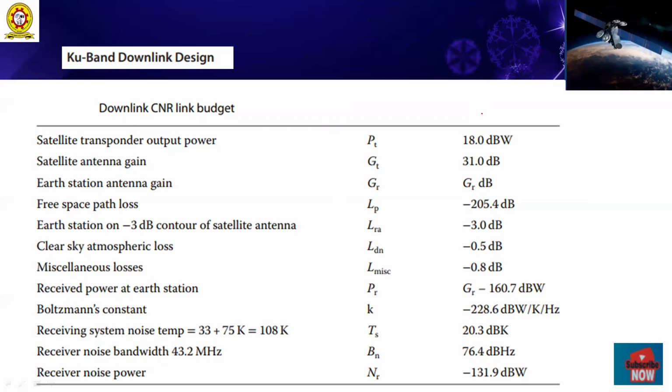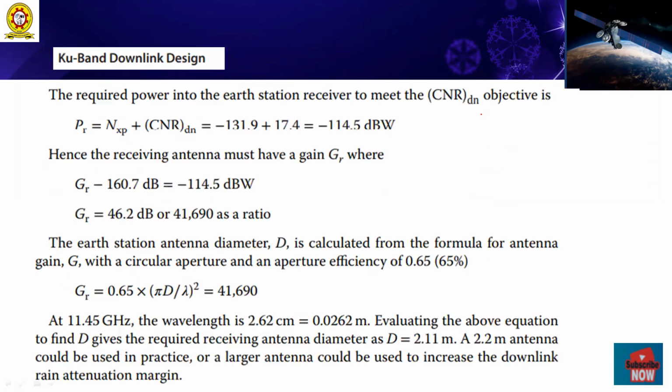Similarly, satellite antenna minus 3 dB, atmospheric loss minus 0.5 dB, miscellaneous loss minus 0.8 dB, receiving system noise temperature 23.3 dB, bandwidth 76.4. Likewise, they will be able to give the whole Ku band downlink budget sheet.